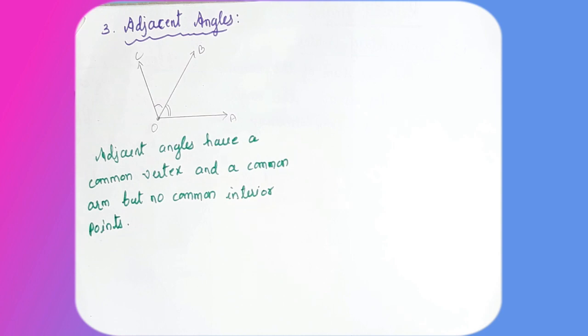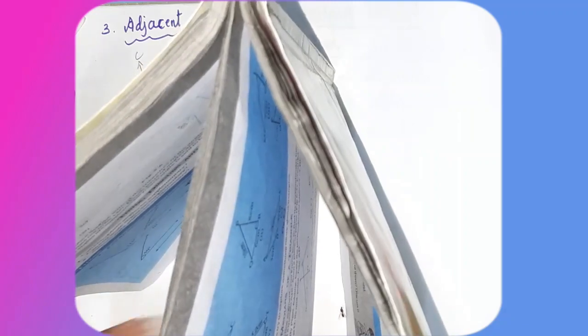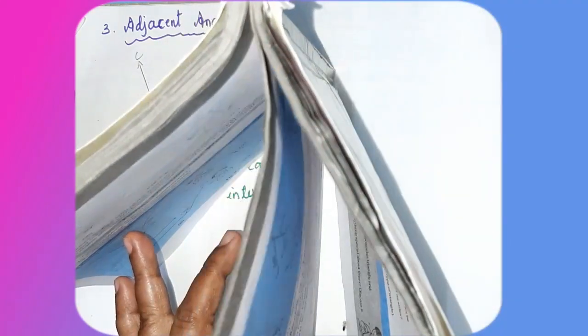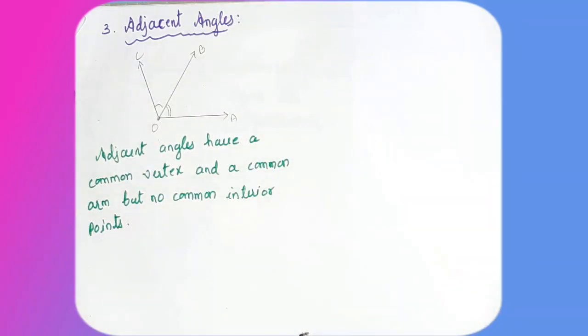So many examples. For example, now see here, I am just showing my book. This is the common point, this is the common arm, and there are no common interior points here. This is the common point and this is the common arm for these two angles. Such angles are called adjacent angles.